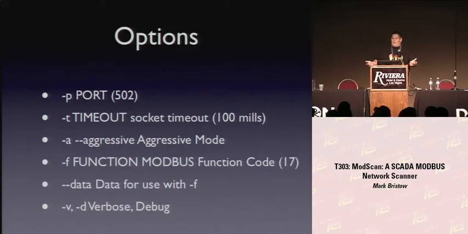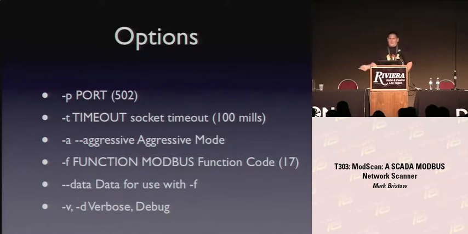You could even use a write function code if you wanted to, and it would come back and report all the slave IDs. Although you probably just made a real big mess in someone's SCADA network, but what you do with my tool is your own business. Okay? If you're using the F option, you've got to use D, because in order to send a properly formatted packet, you have to have the right data to back up the function code that you sent.